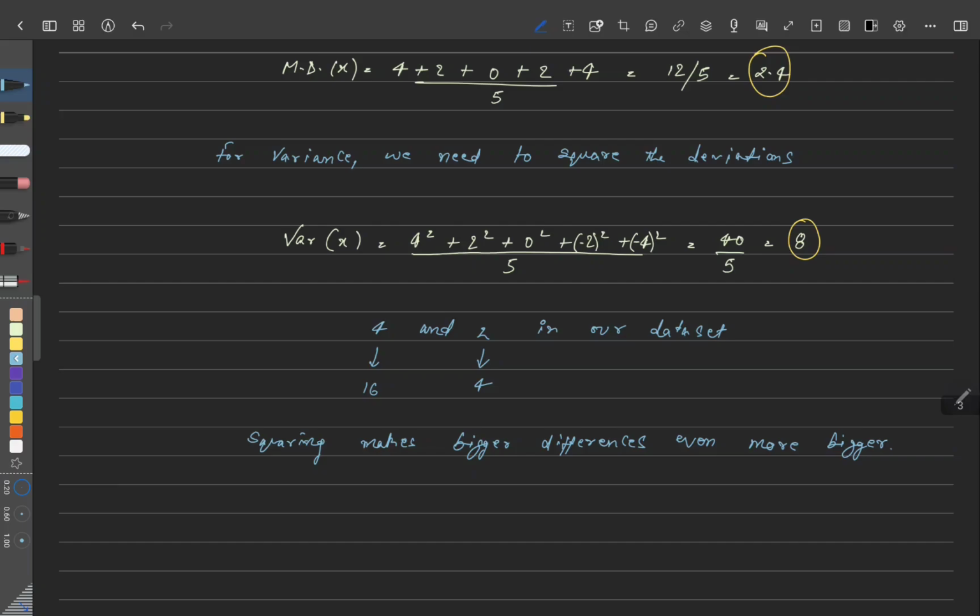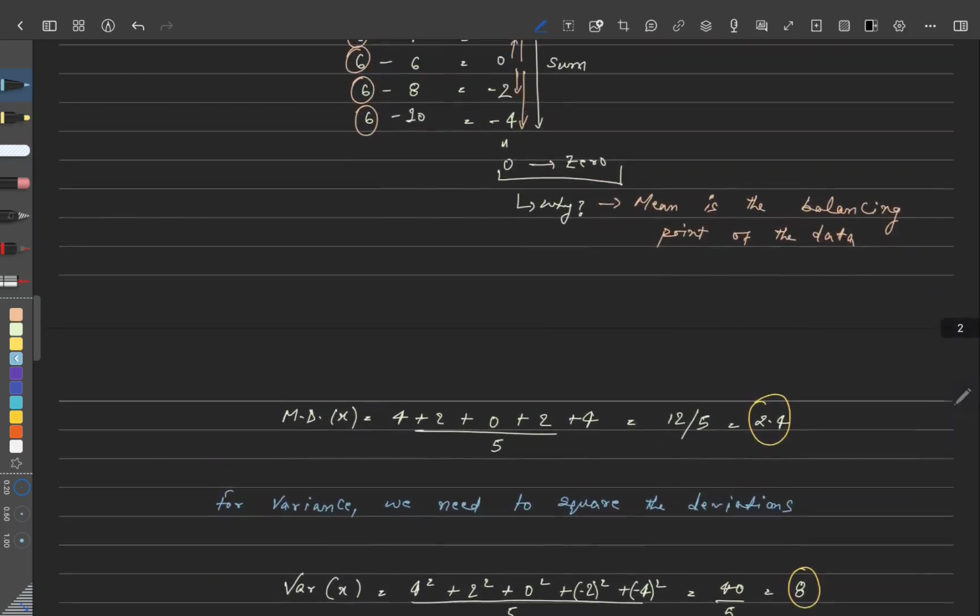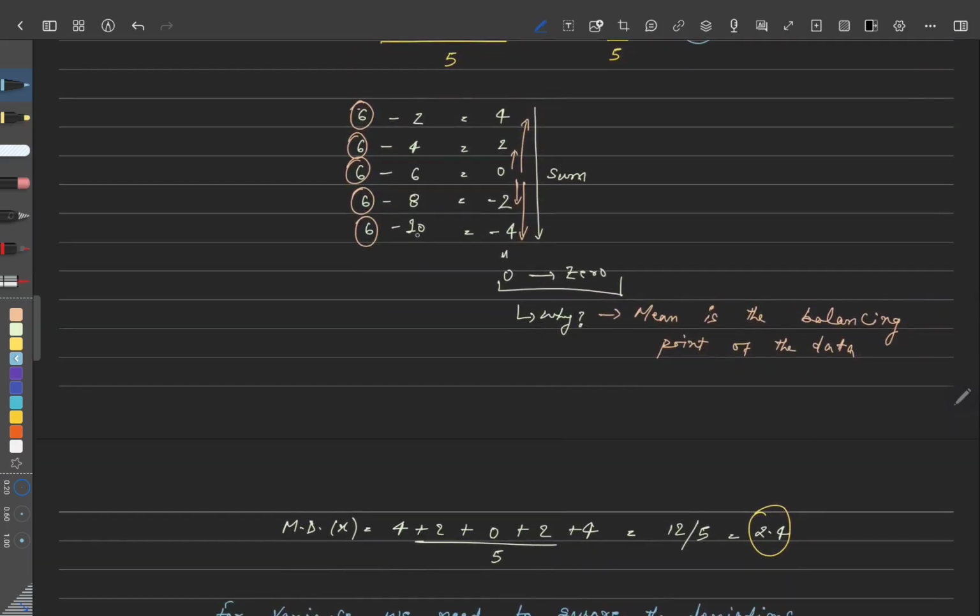If you see, 10 and 2 are outliers. 4, 6 and 8 are kind of close to each other, they each have a difference of 2, but 2 and 10 have a bigger difference from the mean, correct?